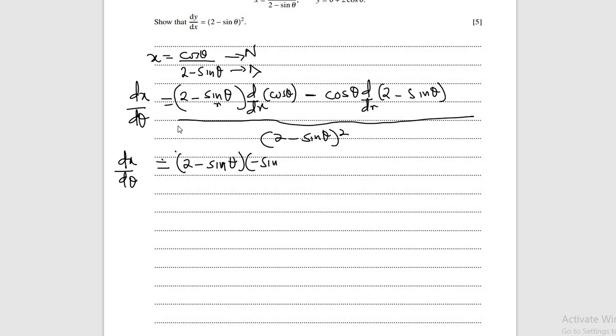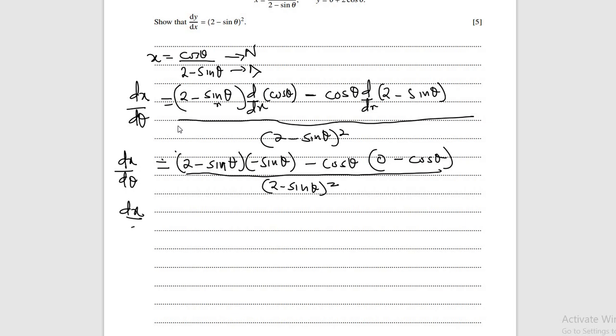Minus sine theta. Minus cos theta. When you differentiate 2 minus sine theta, when you differentiate 2, that's 0. When you differentiate sine theta, that's cos theta. All over 2 minus sine theta all squared.